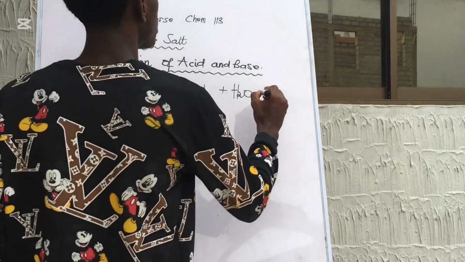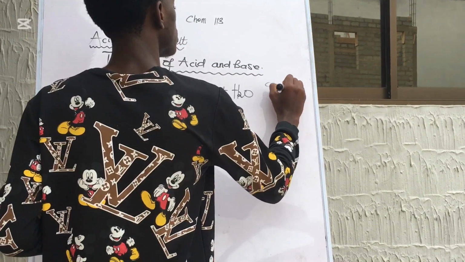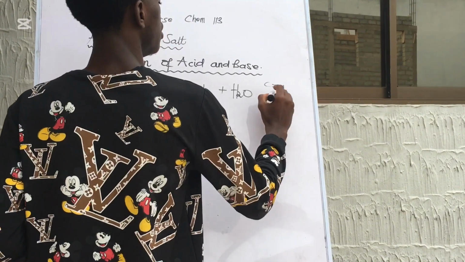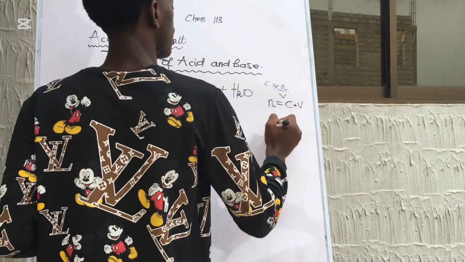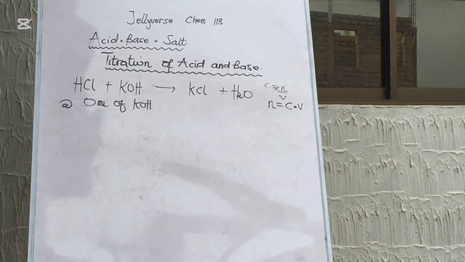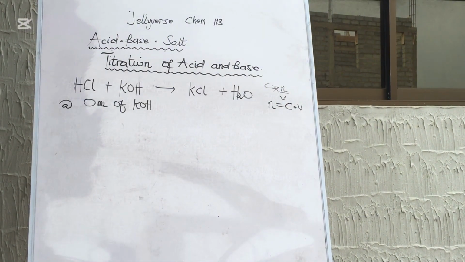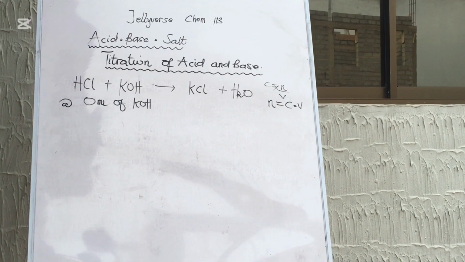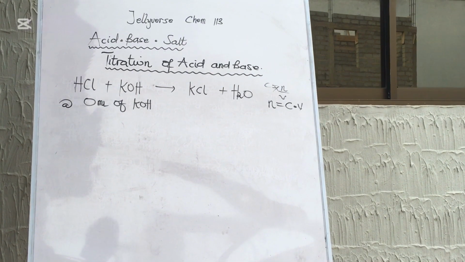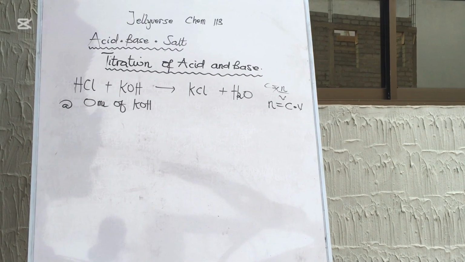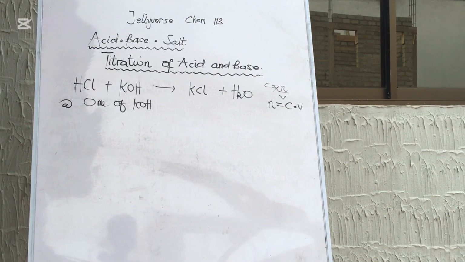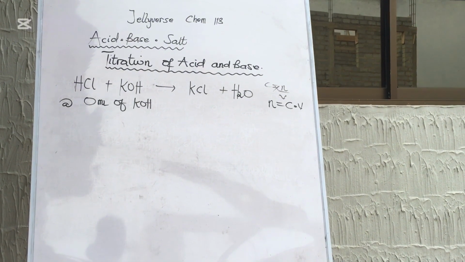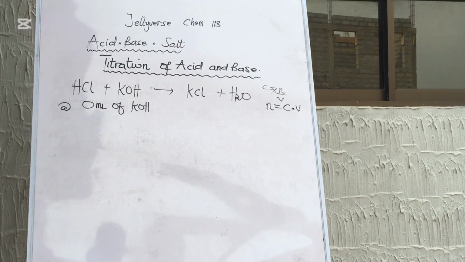Concentration is equal to moles divided by volume, then you can make n the subject: n equals C times V, which also represents how to find the number of moles. So it's not always that to find the number of moles, you have to be given the mass. You can also use your concentration times your volume to determine it.